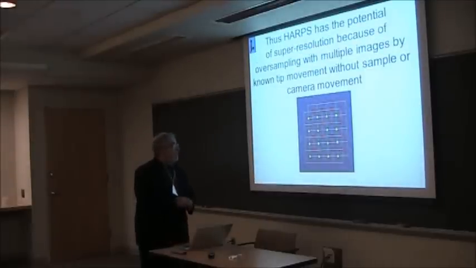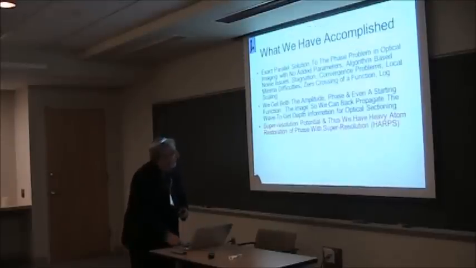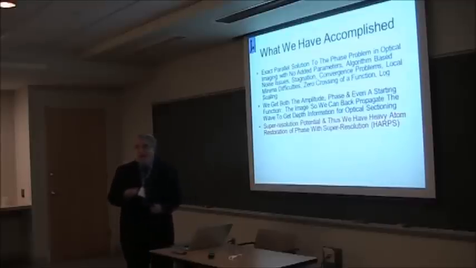And as we said, as you move the probe, you get multiple images, which allows you to get a thing called oversampling in imaging. But it also has super resolution potential, but this has not really been shown up to now.